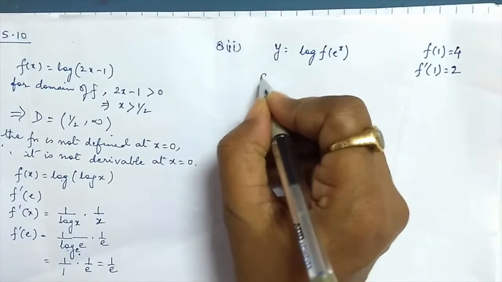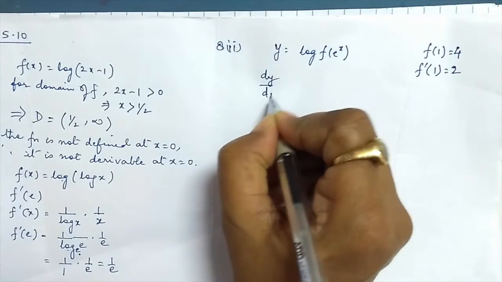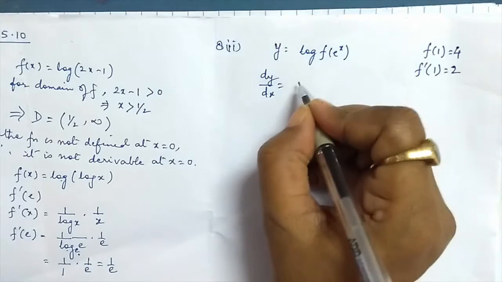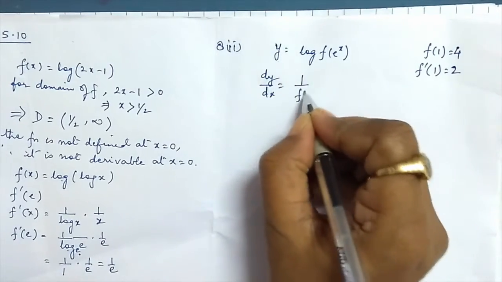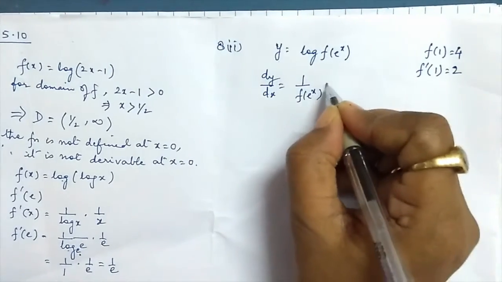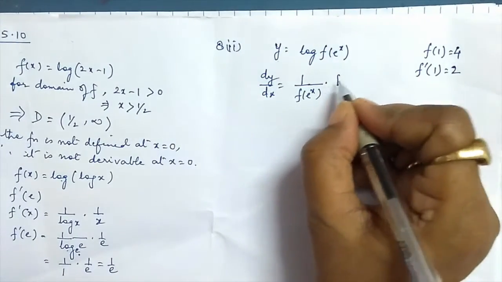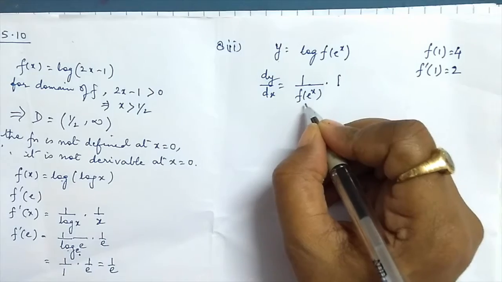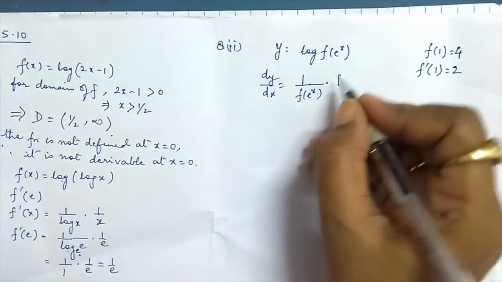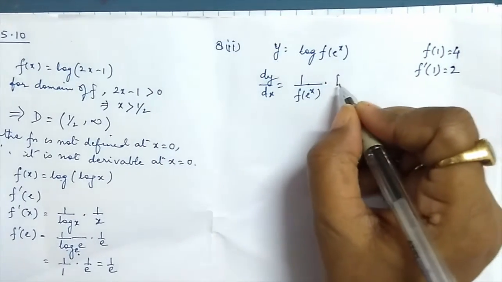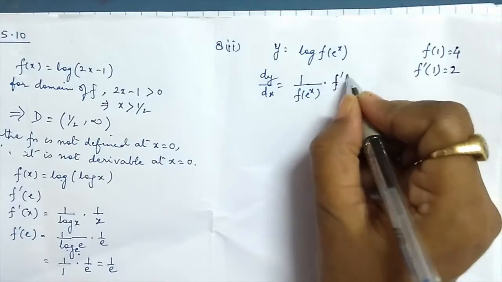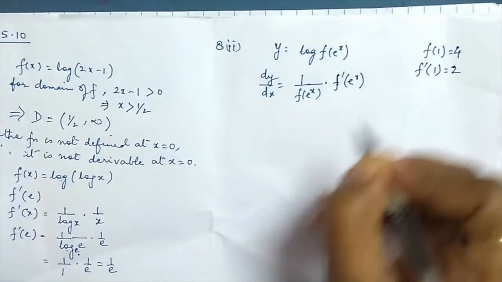So let's write first dy by dx. For log, that will be 1 upon f of e to the power of x, times the differentiation of this, that is f dash of e to the power of x.